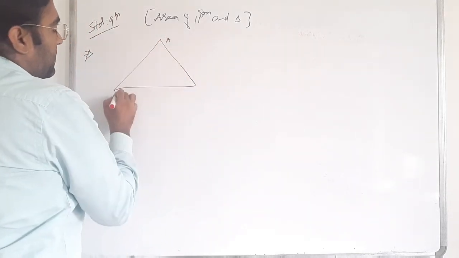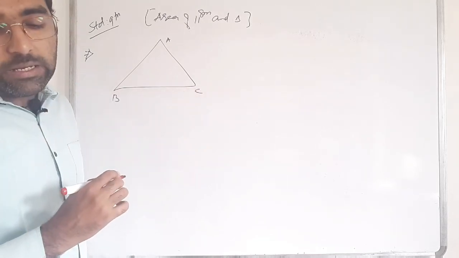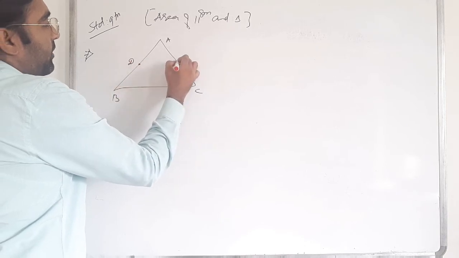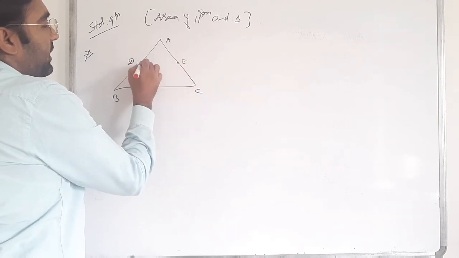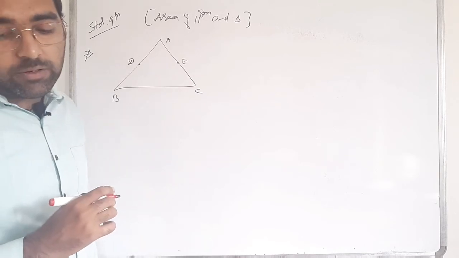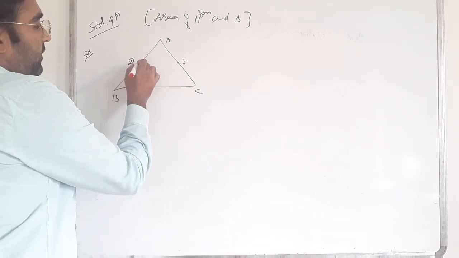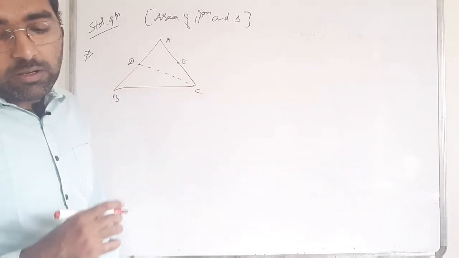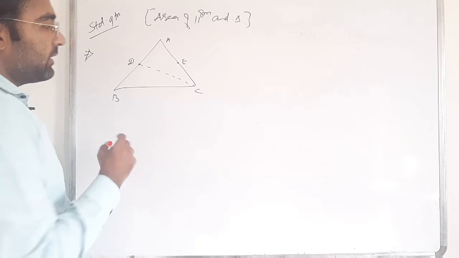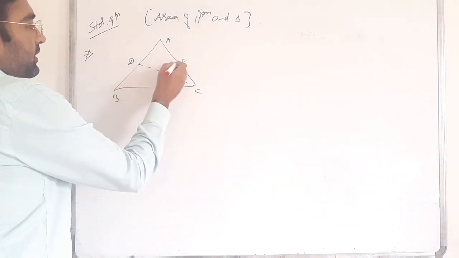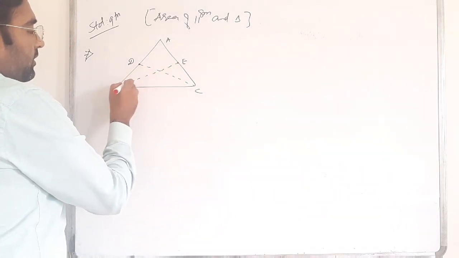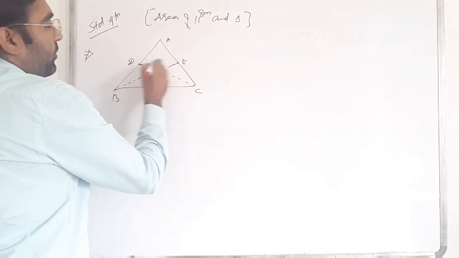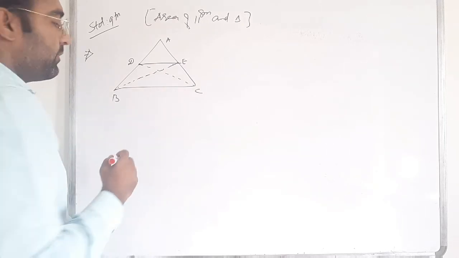So here my triangle ABC is given, and D and E are on sides AB and AC, such that the area of triangle DBC is equal to the area of triangle EBC. We have to prove that DE is parallel to BC.